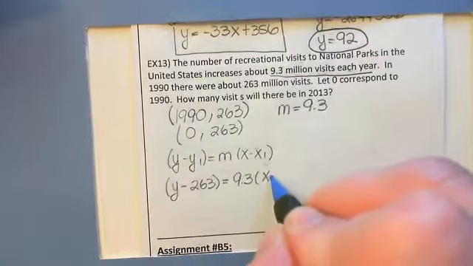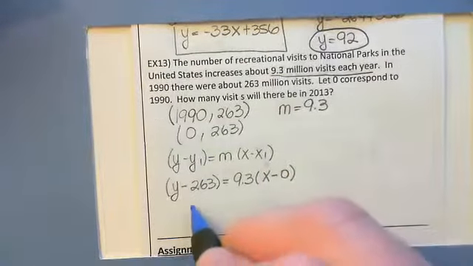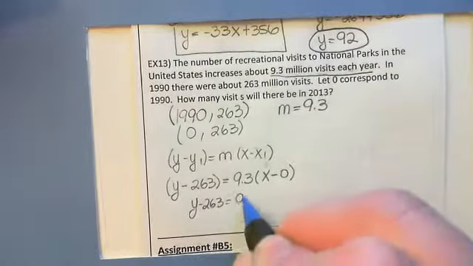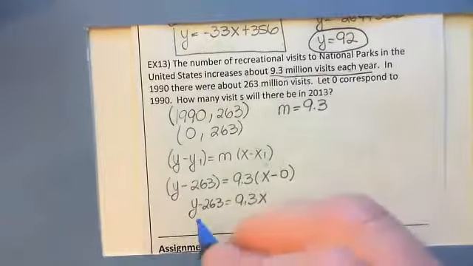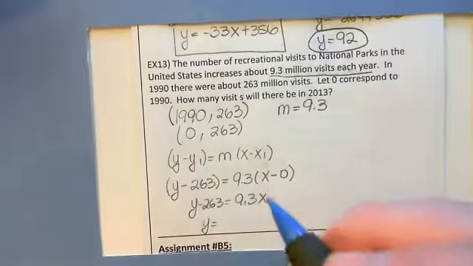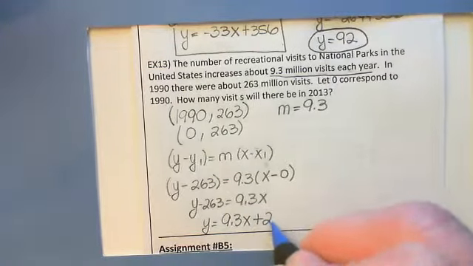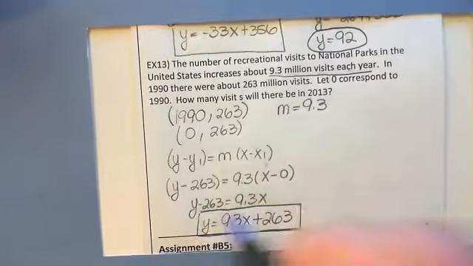And this would be x minus 0. So my equation would be y minus 263 equals 9.3x. If we move that 263 to the other side, this would be y equals 9.3x plus 263. So that's the equation representing our problem.